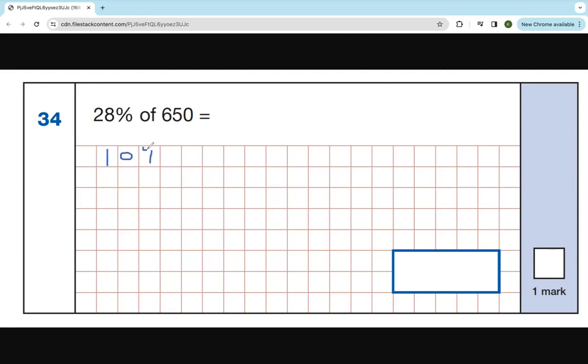But if that is a little tricky, there is another way to tackle this question. 10% of 650 is also thinking about 10 over 100 times, and that just means divide by 10. So 650 divided by 10 equals 65. And then 20% would be double that, so that would be 130.